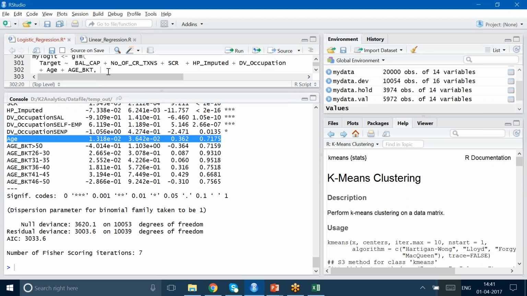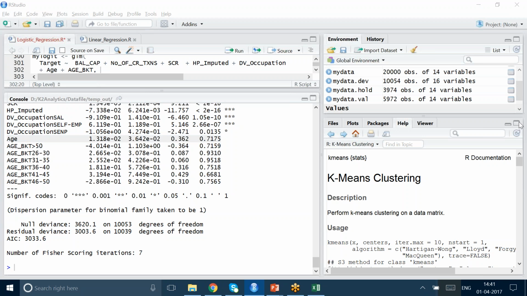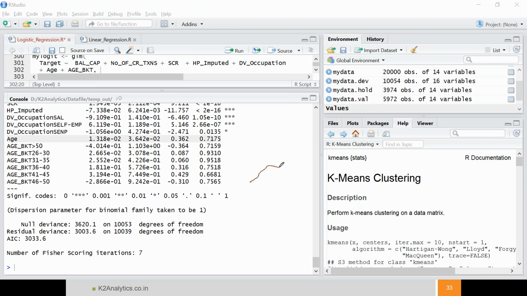If you recollect, the age trend was something like this: 40, 41, 42, 43, around that. And then I said that we have to do mirroring with respect to, say, 43, and then I can bring those variables here and make it stable.